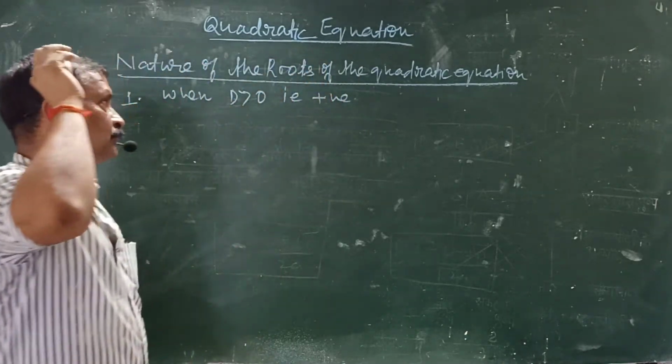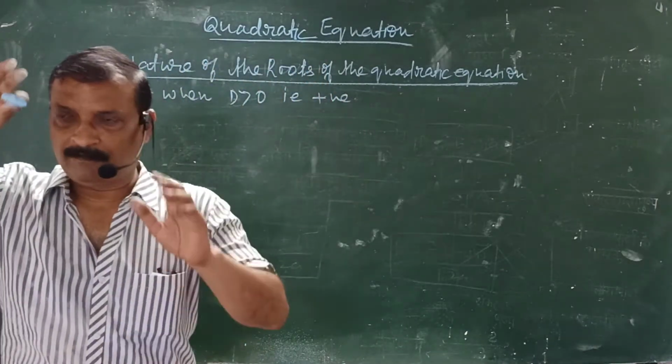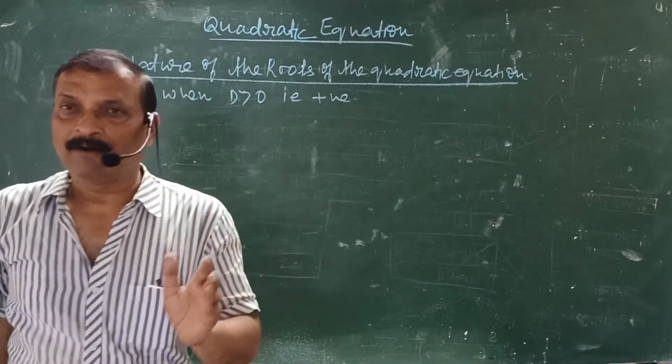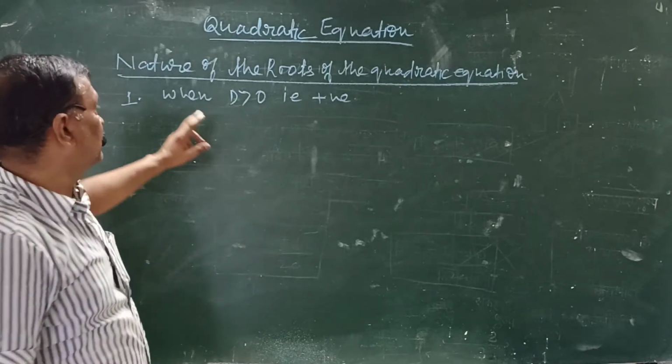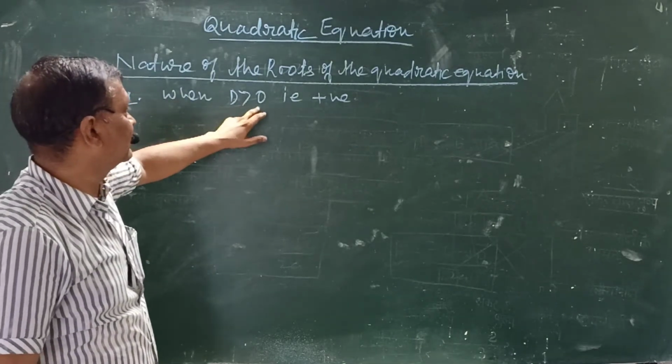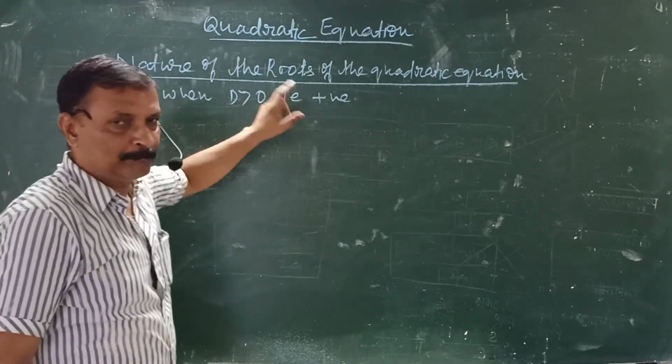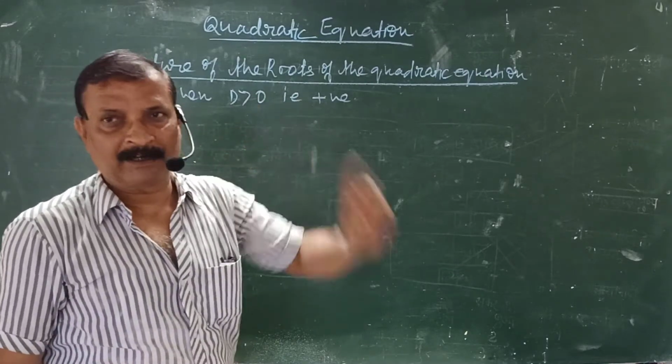D is greater than 0 means अगर हम D की value positive value अगर आती है तो उसको हम क्या लिखेंगे? When D is greater than 0, i.e. positive, and perfect square.